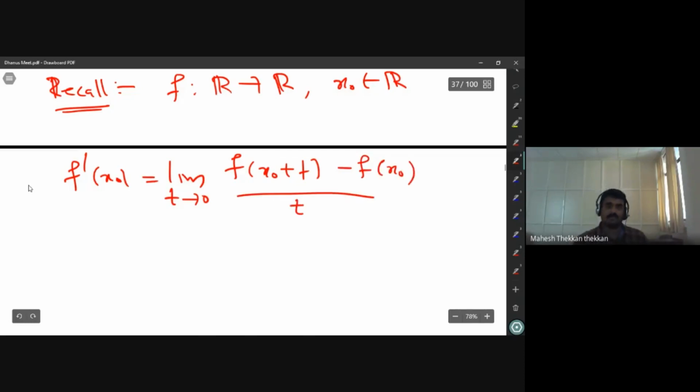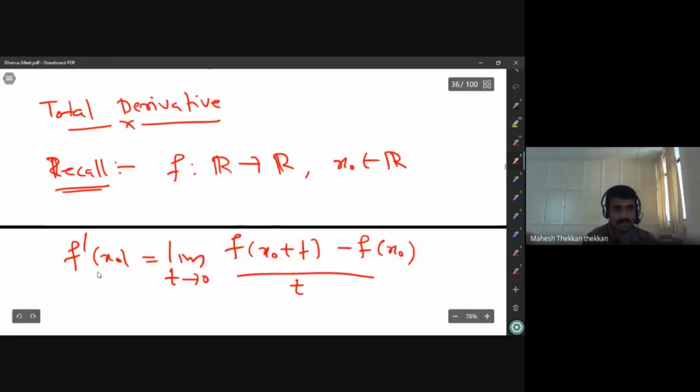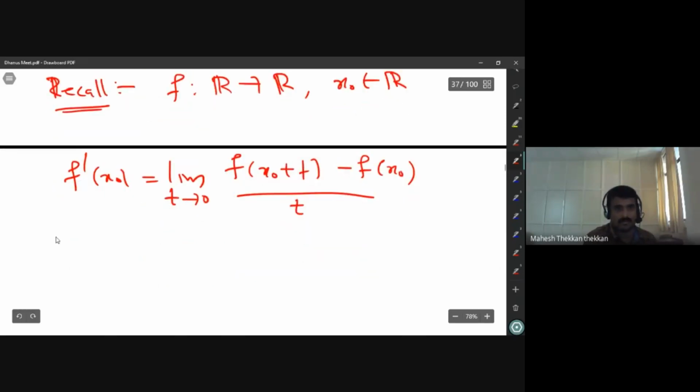This is the way we have studied the single variable case. F dash of x naught is the limiting value. Now this f dash of x naught is a real number, right? I call it some alpha. This is just notation. This is a real number. Okay.